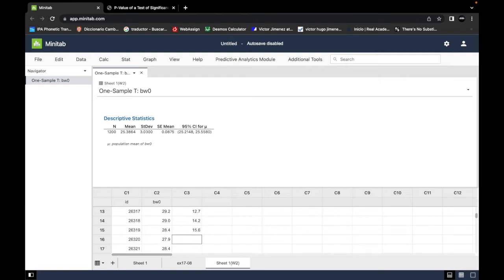We're supposed to have 15 values, and yeah, it is the case, right?